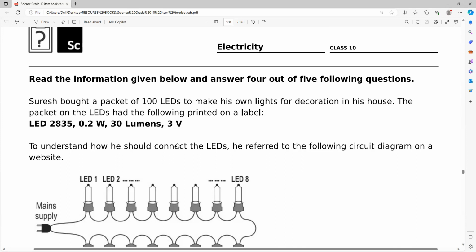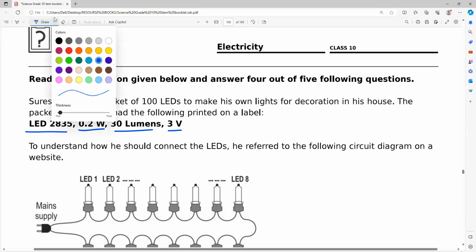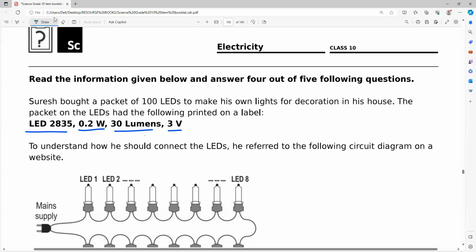The packet of LEDs had the following printed on a label: LED 2835, 0.2 watt, 30 lumens, that is the luminous intensity of light, and 3 volts. Does it belong to all 100 LEDs or each one LED? Yes, one LED. So this is the characteristics of one LED.